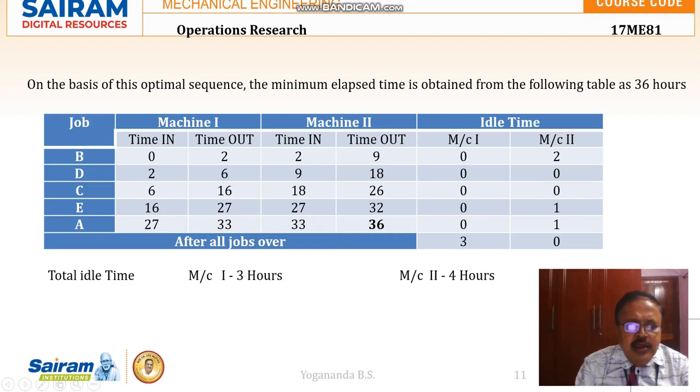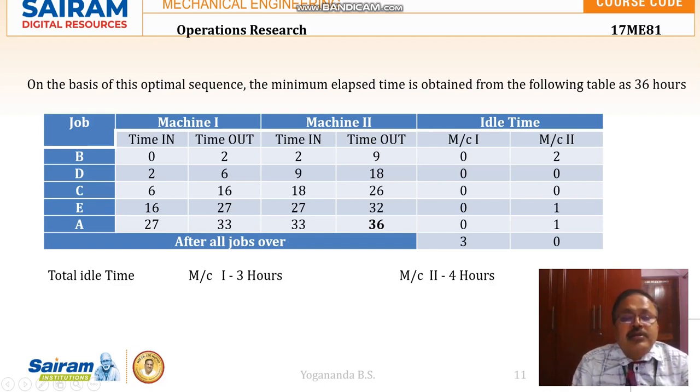It does not enter machine 2 on the 6th hour, even though it is processed on machine 1 by the 6th hour, because the previous work is still going on in machine 2. Machine 2 is made free only at the end of the 9th hour. So this job will enter machine 2 on the 9th hour. 9 plus 9 is 18. So 0 idle time on the 2 machines.